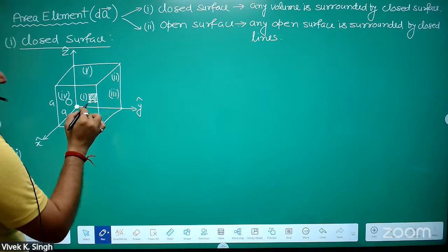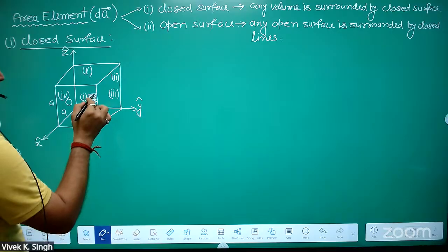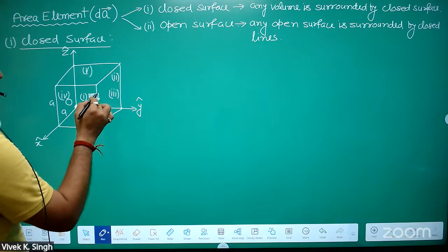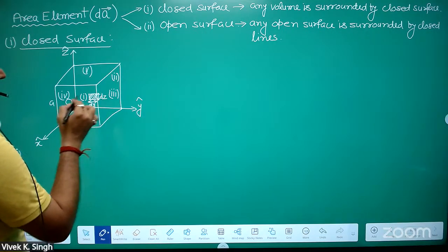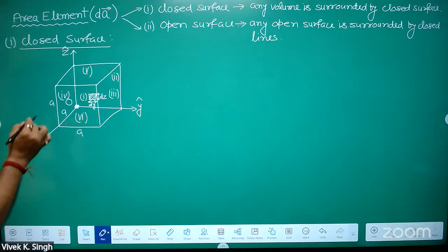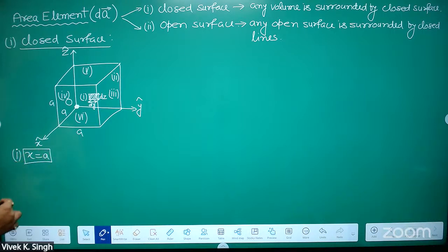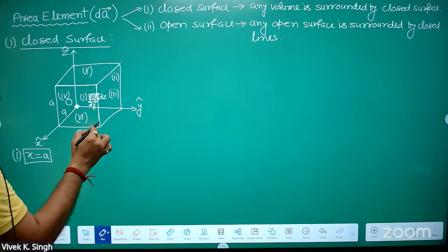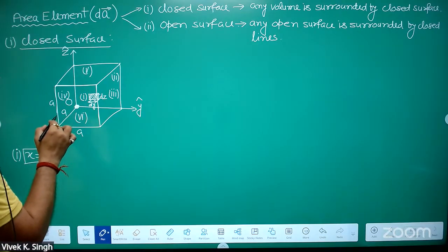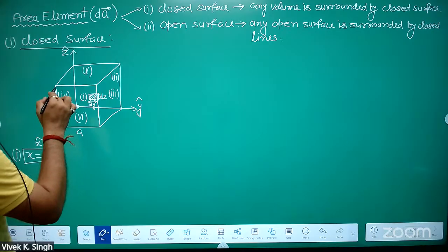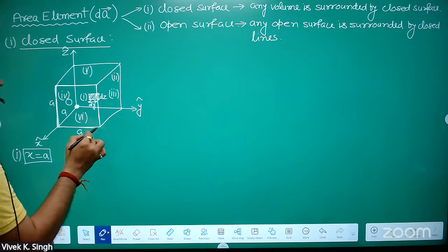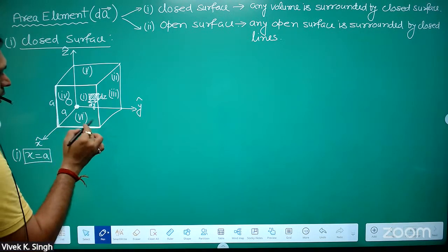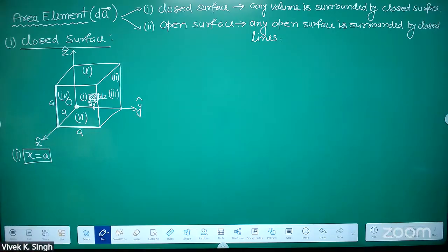This will be dy and this will be dz. Surface 1 is the x equals A plane, because this plane is perpendicular to the x-axis. For this plane, x will always be fixed. Yes or no? Yes, sir.